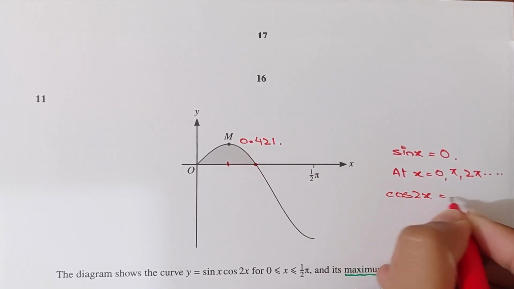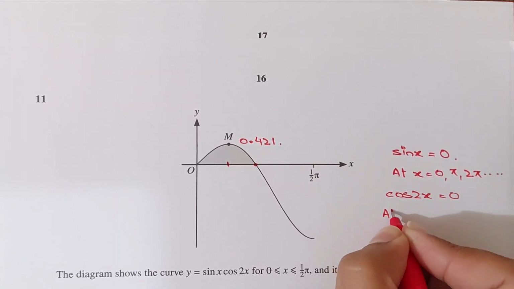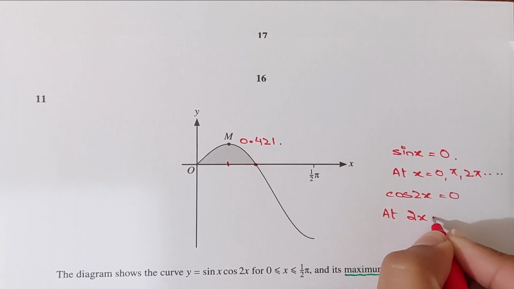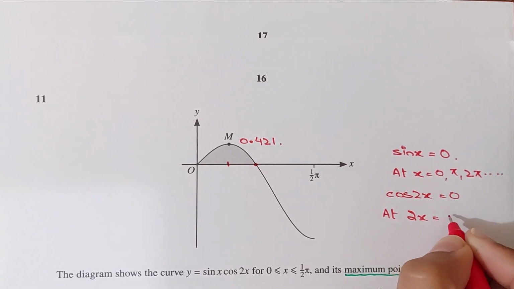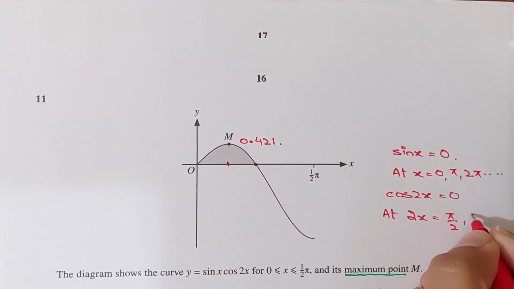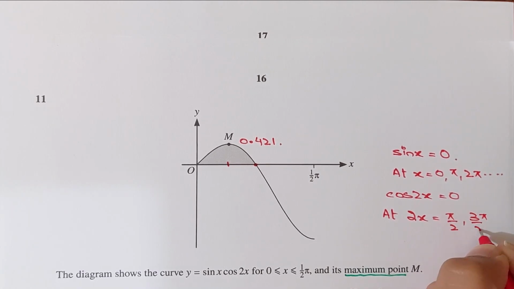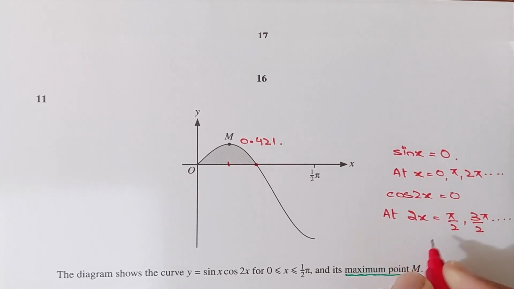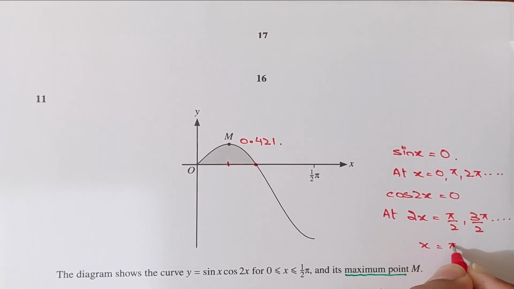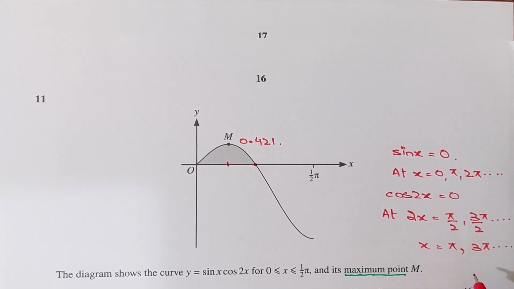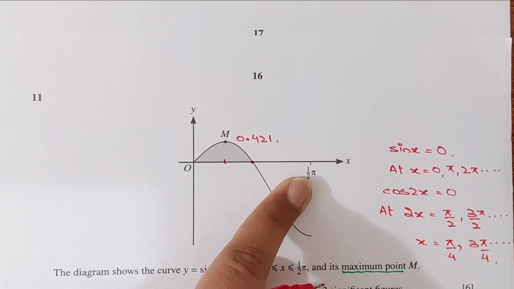Cos 2x is equal to 0 when, cos is 0 at odd multiples of pi by 2. So we have pi by 2, 3 pi by 2, 5 pi by 2, and so on. So at x equals pi by 4, 3 pi by 4, and so on, right? Sorry, we have to divide by 2. Okay, so pi by 4 is the number that is lower than half pi.